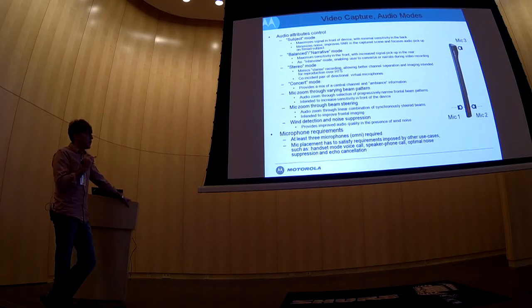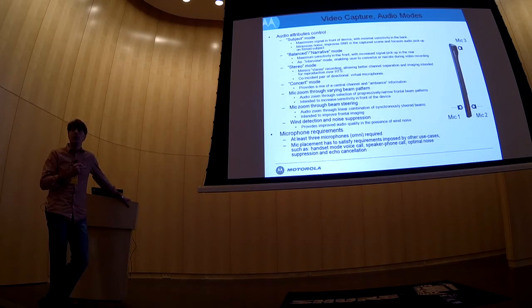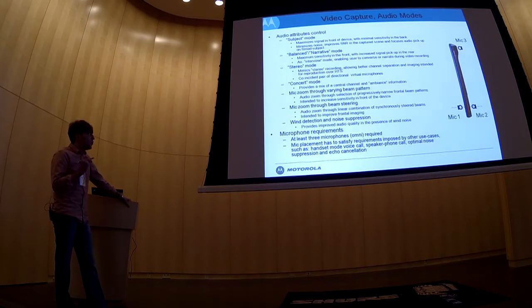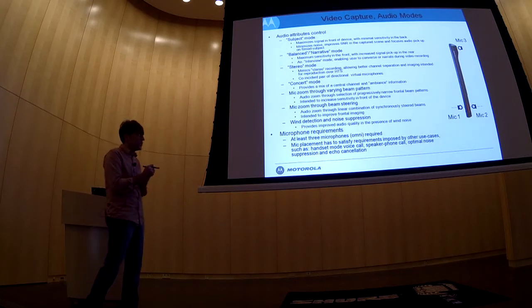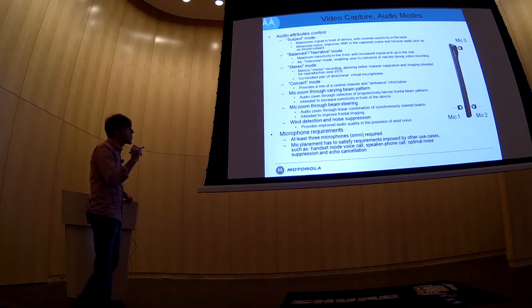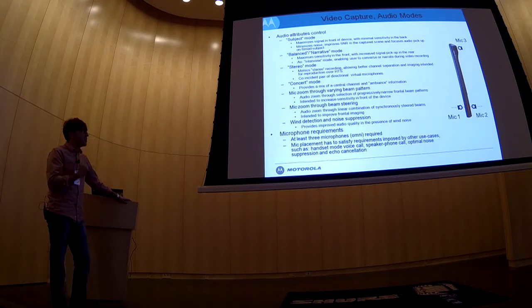Basically, these pairs of microphones would mean that we could possibly have multiple different channels separated by the sensitivity of that virtual microphone. We could talk about realizing some other neat features like zooming, microphone zooming. We could think about doing this using varied beam pattern. We could do that by beam steering. And another interesting thing that we were thinking about would be wind detection and suppression.